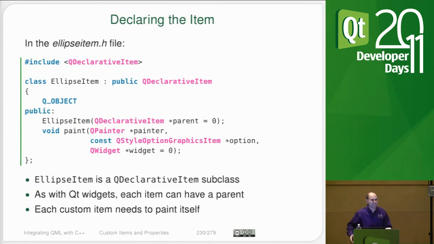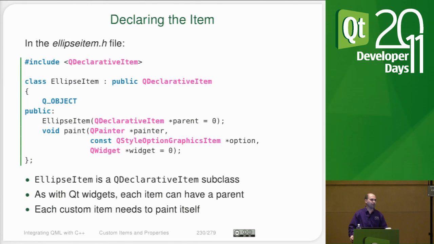So how do we make this item that can have a width and a height and be drawn in QML? Well, we simply include QDeclarativeItem and inherit from it. We use the Q_OBJECT macro that's going to be required. And we implement the constructor that takes in a QDeclarativeItem parent. This is going to be used by QML to assign you parentage.